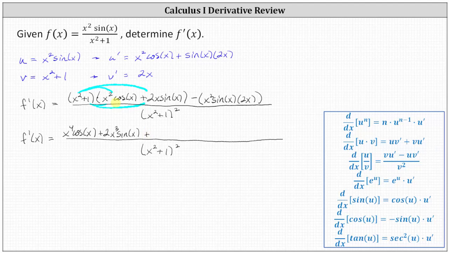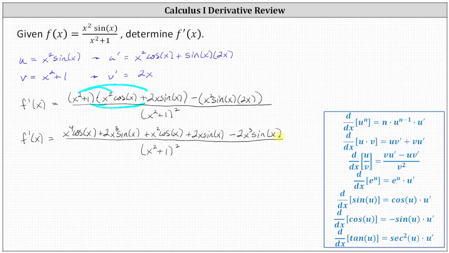And then plus 1 times x squared cosine x, which results in plus x squared cosine x. And for the last product, we have plus 1 times 2x sine x, giving us plus 2x sine x. And then we have minus, let's write this as 2x cubed sine x.